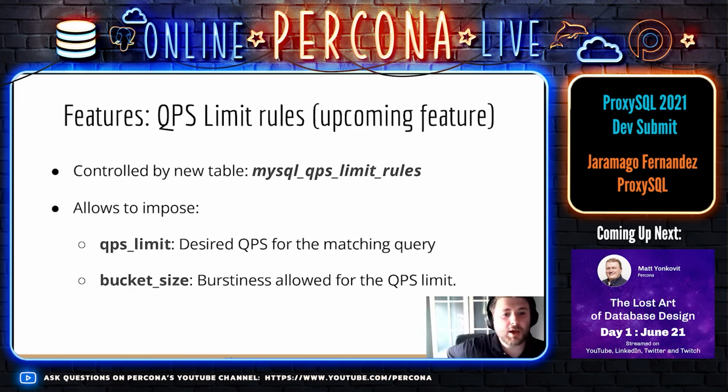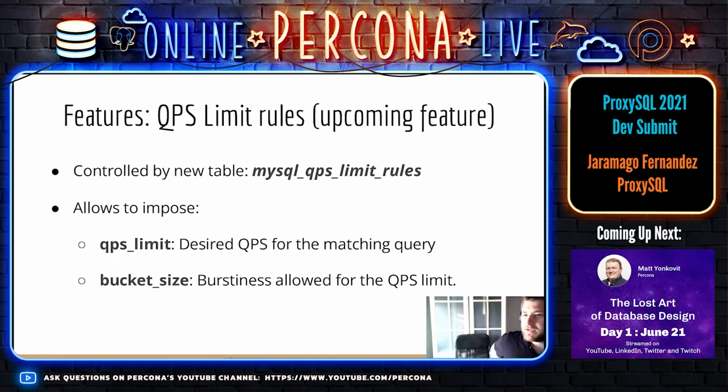So, how will you control this feature? The feature will be controlled by a new table, called mysql_qps_limit_rules, that will have two configuration values for controlling the matching query. One is QPS limit, which is the desired QPS limit to impose for the matching query, and the other is bucket size, which is the burstiness or variation that is allowed for that QPS limit you have imposed.